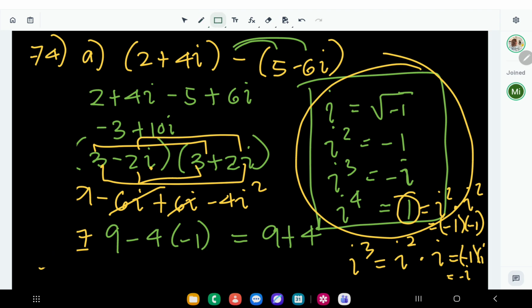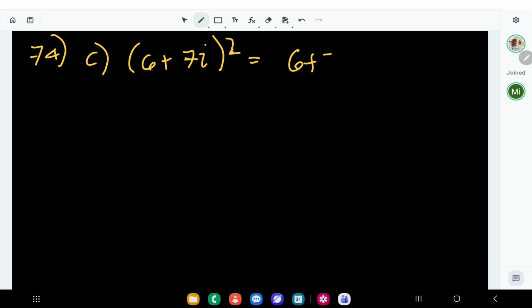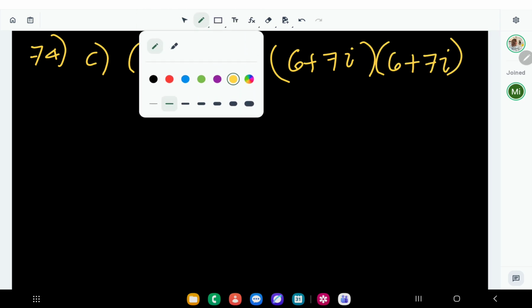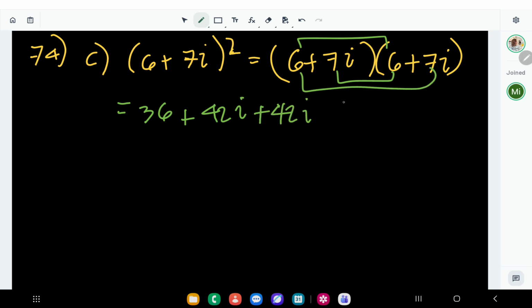Letter C. 6 plus 7i squared. So you multiply 6 plus 7i by itself. That is 36, plus 7 times 6 is 42, plus 42i plus 49i squared.